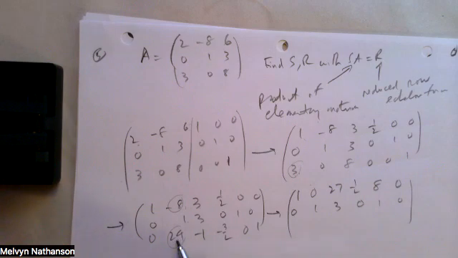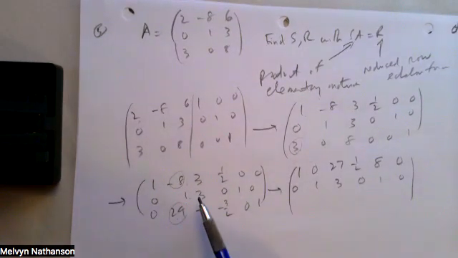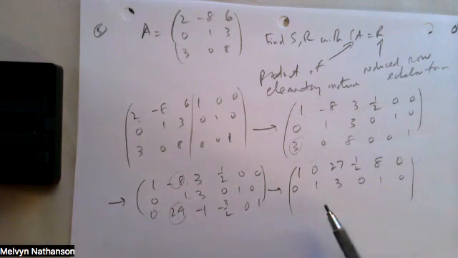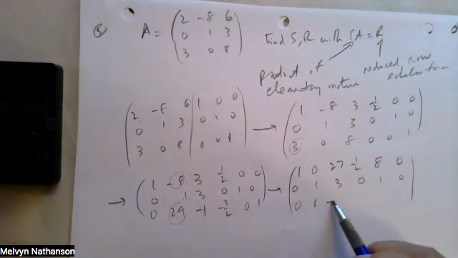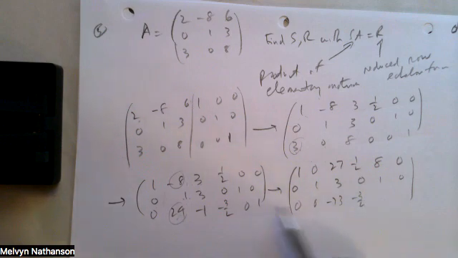And I can get a 0 here by subtracting 24 times the second row from the third. So 0 minus 0 is 0. 24 minus 24 is 0. Minus 1 minus 72 is minus 73. So that seems to be where we are.